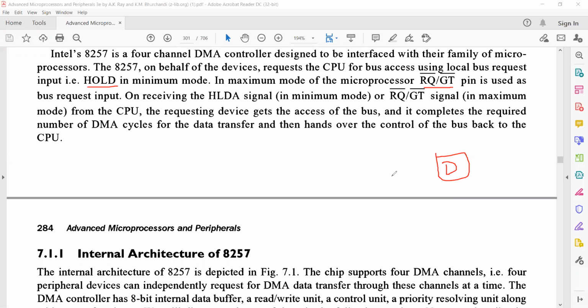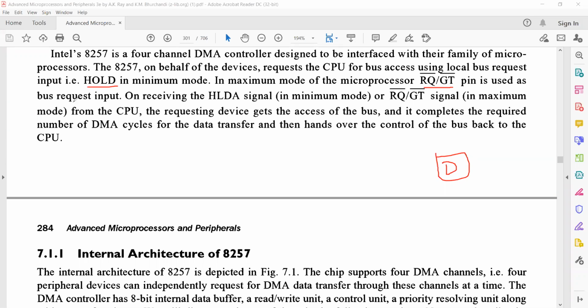How do we send the request? What are the signals that we have?